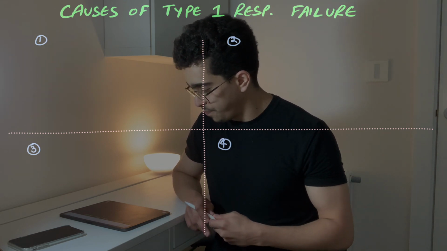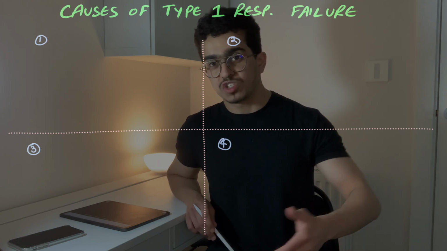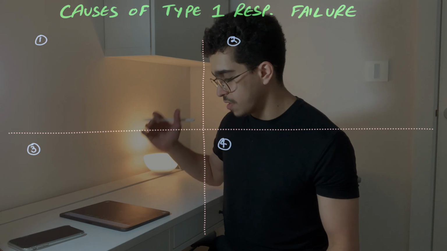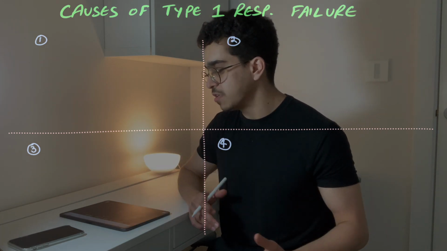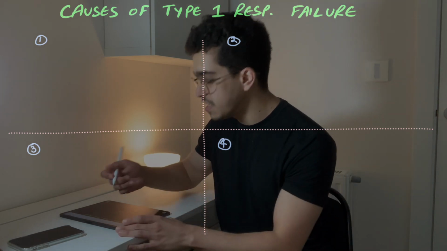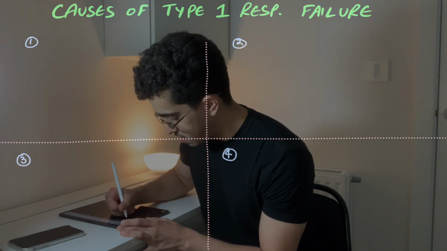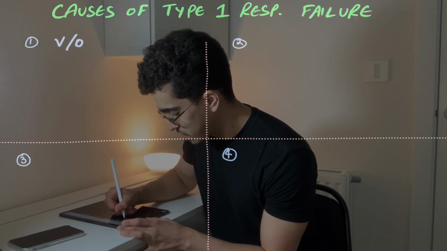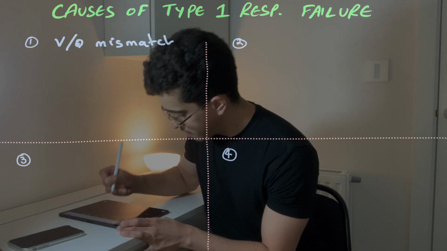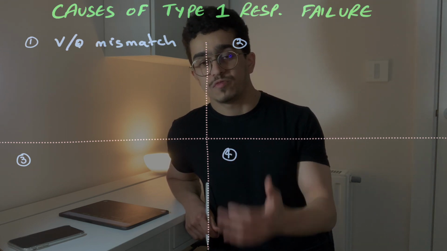So what are the things that can happen in the lung which can cause hypoxia? There are 4 potential things. The first is a VQ mismatch, in other words, a ventilation to perfusion mismatch.